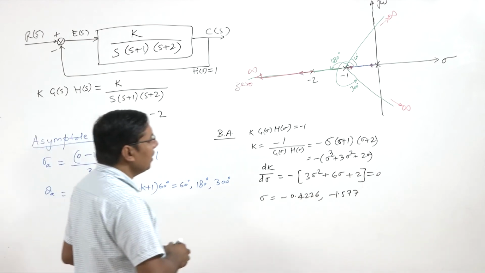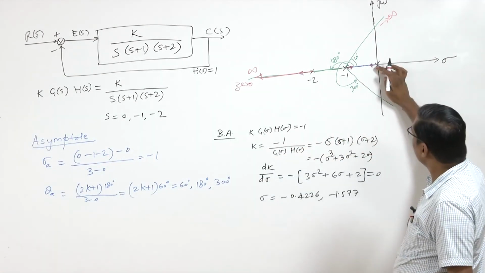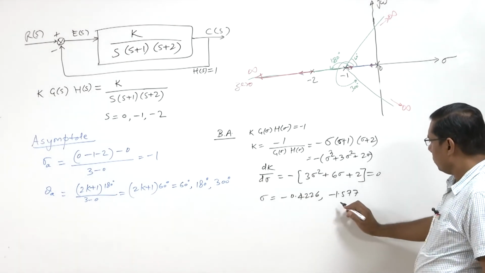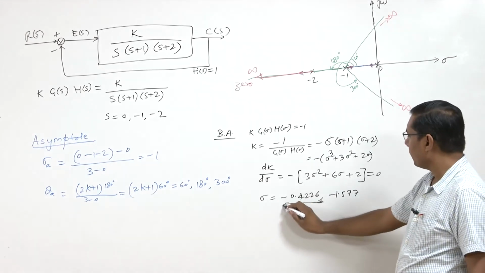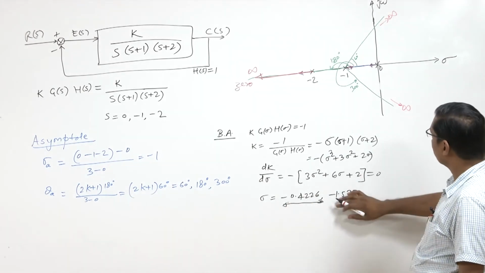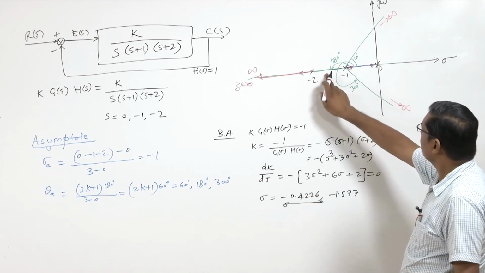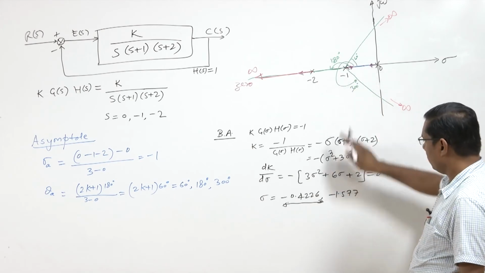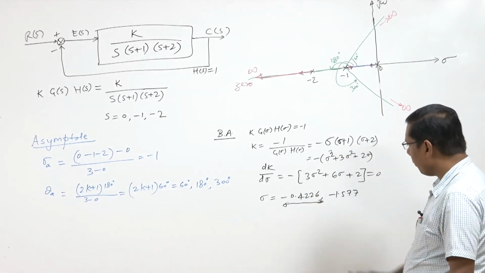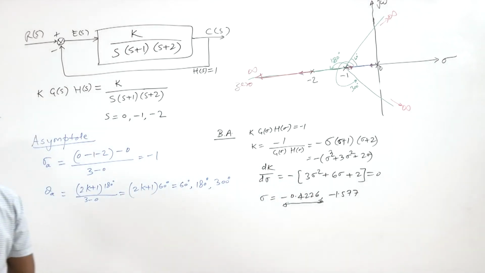So we know that here we should consider the point between 0 and -1. So this is the point that is likely to be, because this point is in this range and the root locus branch is moving this side. So, this is a likely point. However, we will calculate the gain where it will occur.